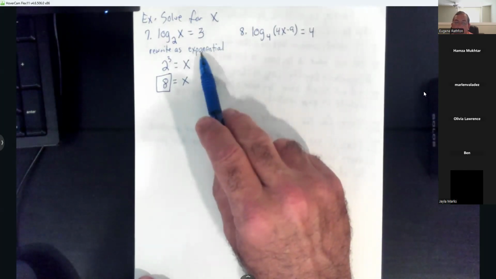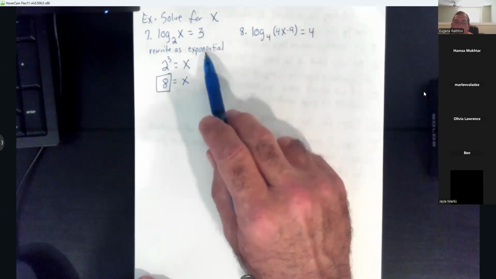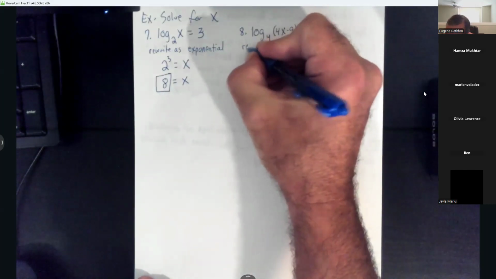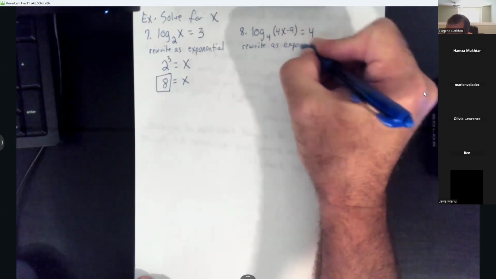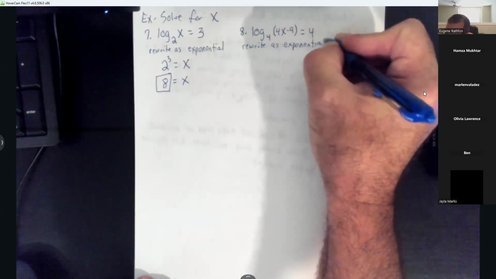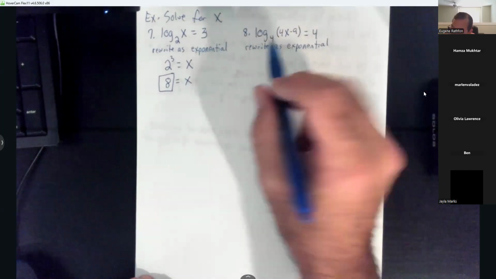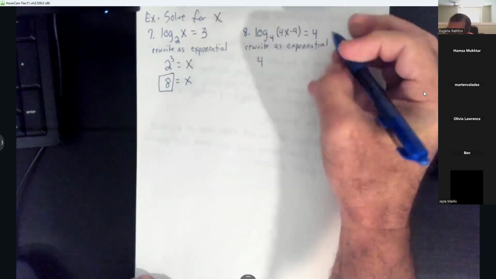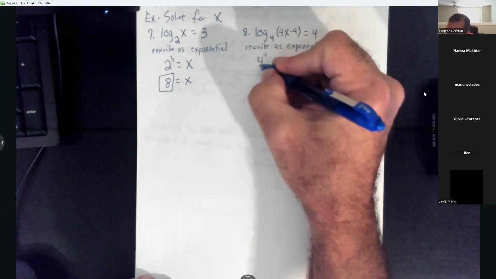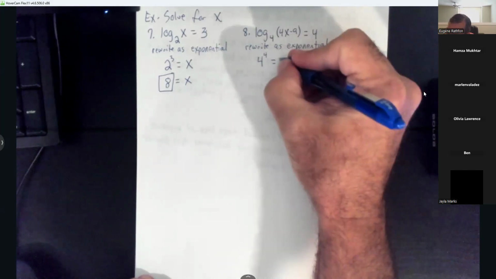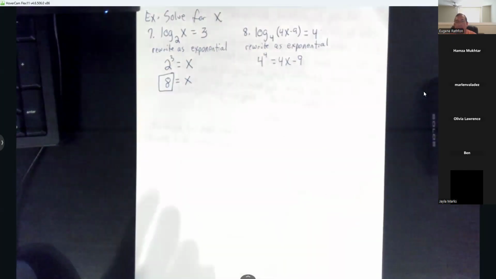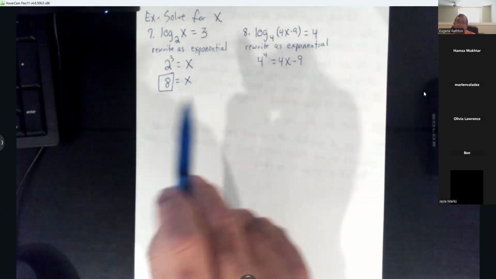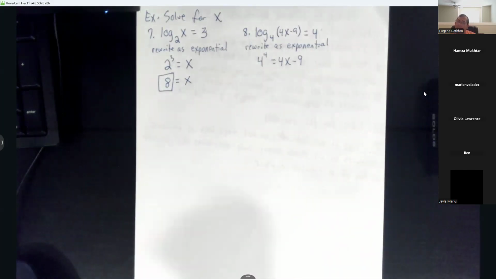So y'all, I'm going to do the same thing I did here and rewrite this thing as exponential. So my base is 4. My exponent is 4. And 4 to the 4th is going to equal that result of a 4x minus 9. So y'all, the biggest thing in this first few problems is being able to rewrite these things as exponential, okay?